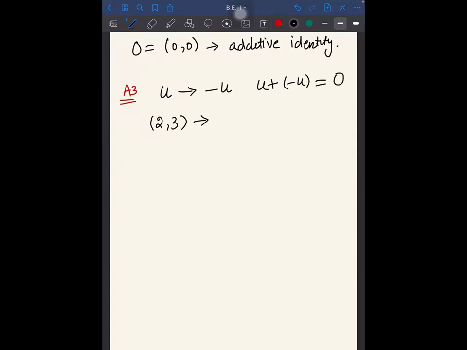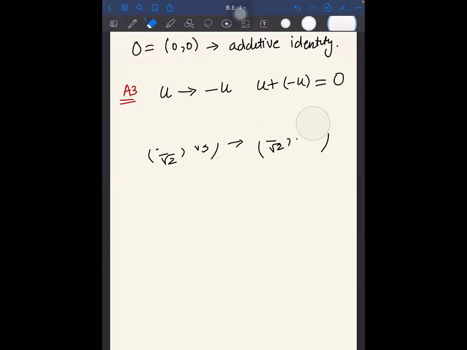Tell me. (-2, -3), yes. Can you have something for this so that it becomes 0? 1 by root 2, and 2 minus root 3, okay. So that means every time we can do that.